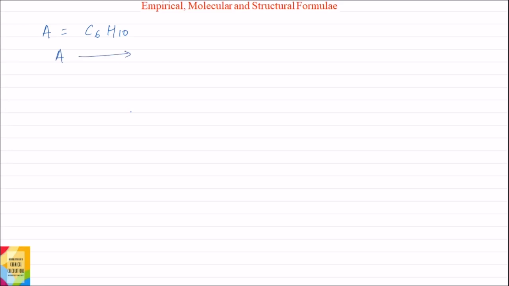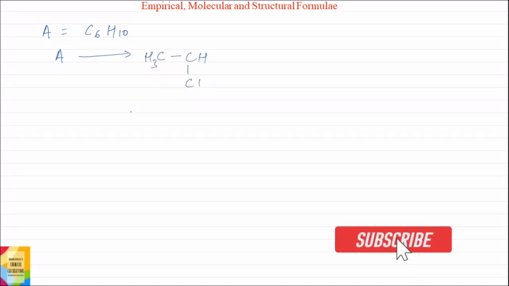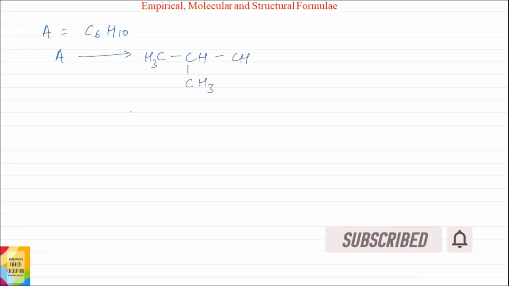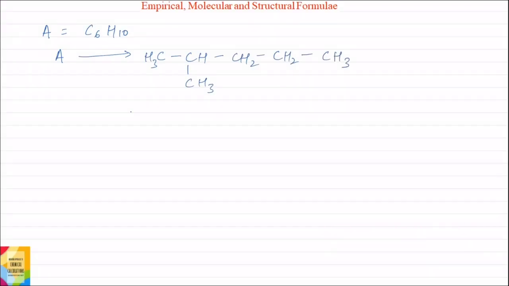The structure of 2-methyl pentane is CH3 CH CH3 CH2 CH2 CH3, which is obtained on hydrogenation of A.